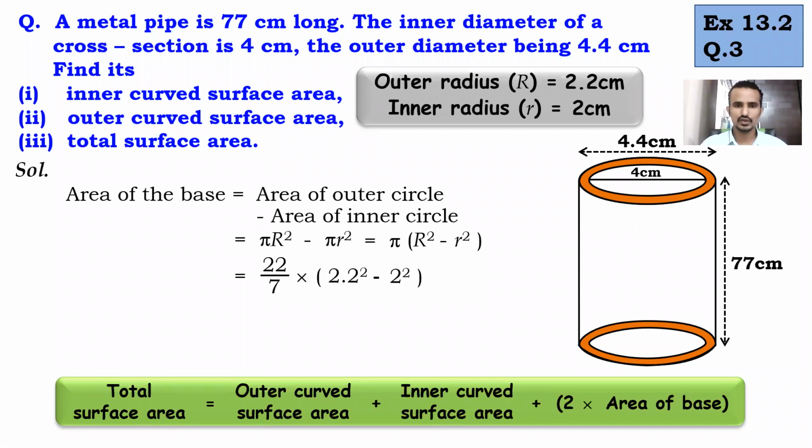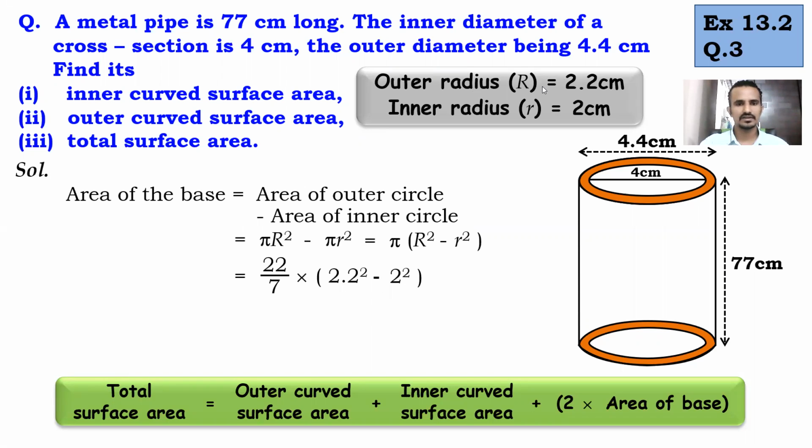You have two options. Either you can square 2.2 and subtract 2 square to get the answer, or you can use the algebraic identity a square minus b square. That will be a little easier for calculating.